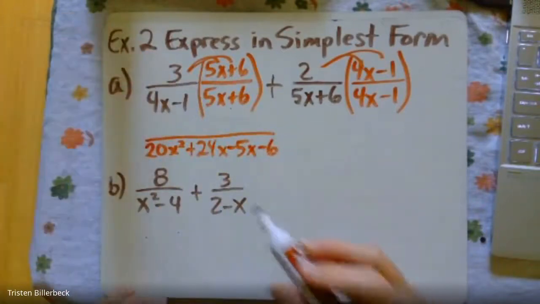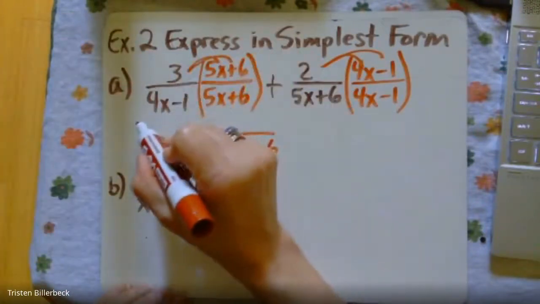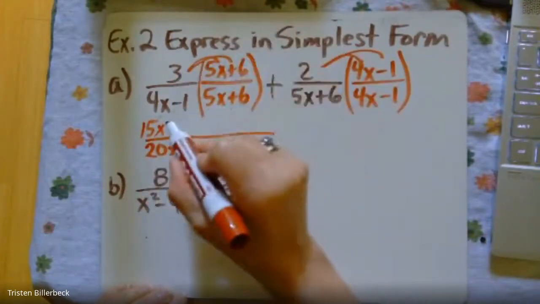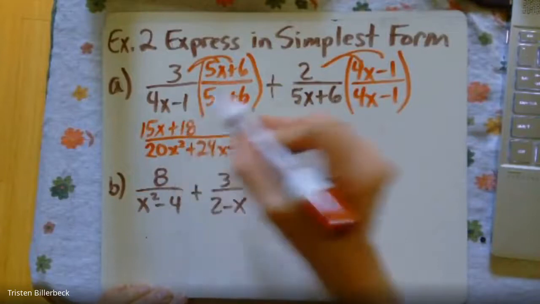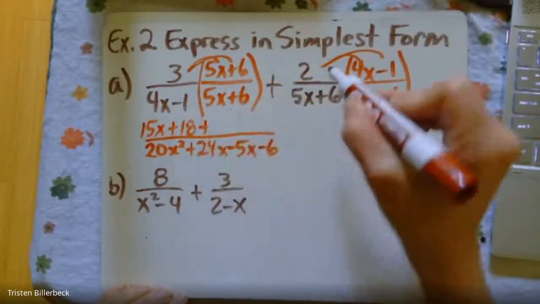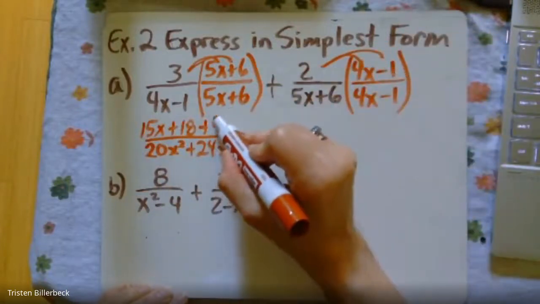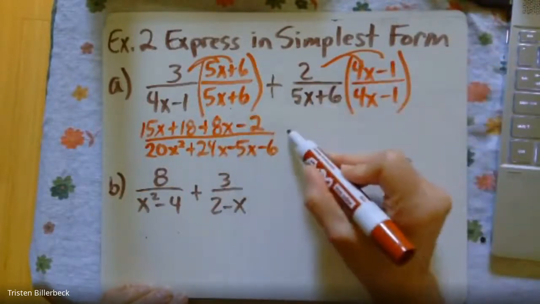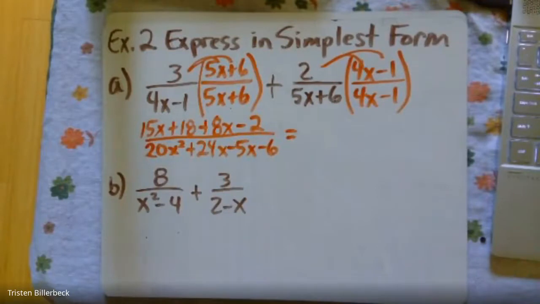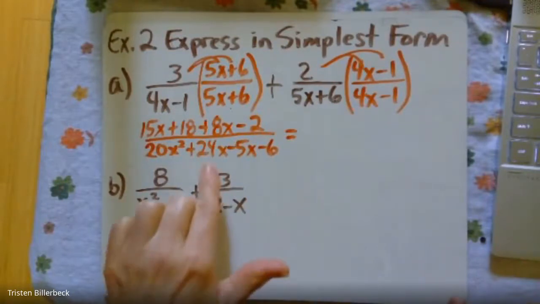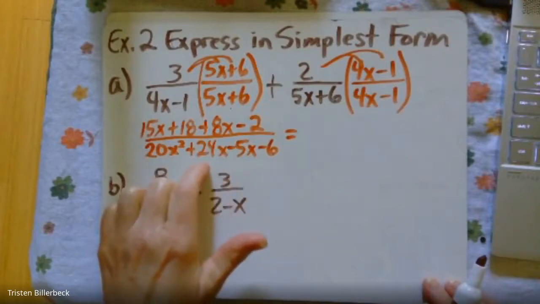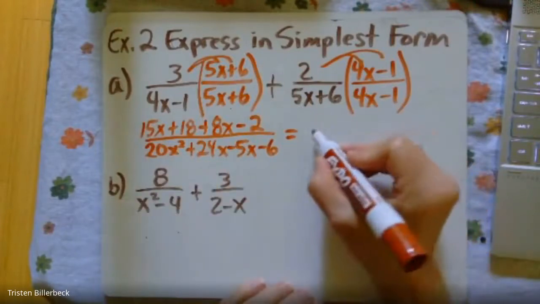Up here, we have 3 times 5x, which is 15x. And 3 times 6 is 18. We're going to add 2 times 4x, which is 8x, and 2 times -1. Now we're going to combine like terms. So we've got that, 24 minus 5.